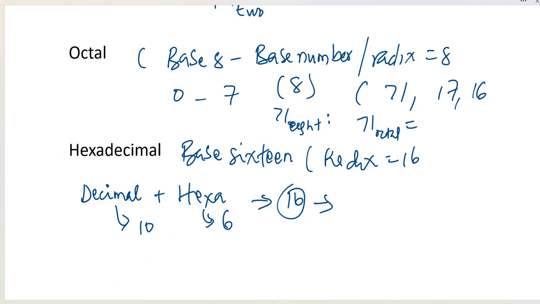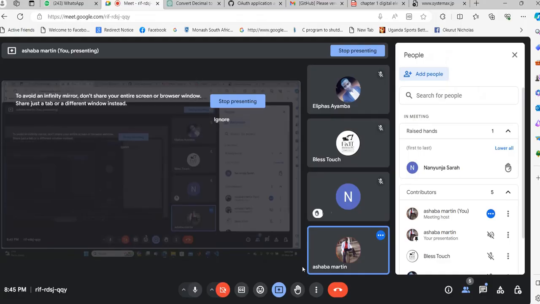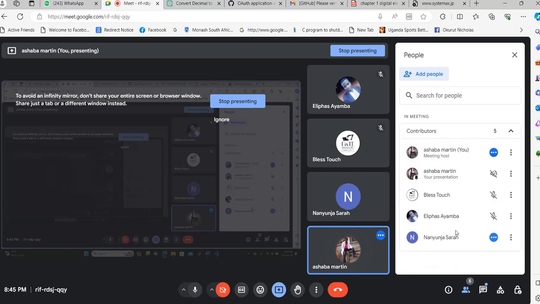I don't know whether there is any other person trying to come in. Yes, Nanyunja, I can see your hand is up. So you people had already looked at decimal?